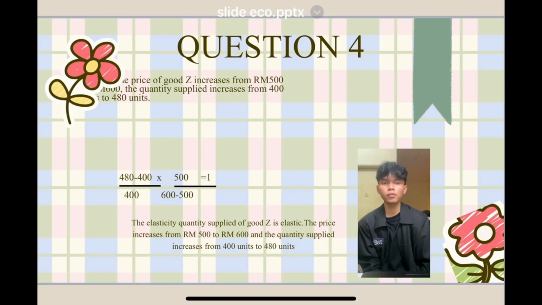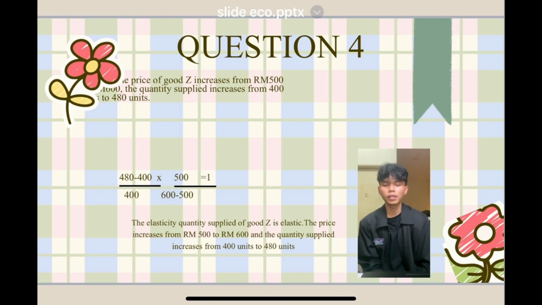For the last question, the price of good Z increases from RM500 to RM600 and the quantity supplied increases from 400 units to 480 units. The formula is Q1 minus Q0 divided by Q0, times P0 divided by P1 minus P0.